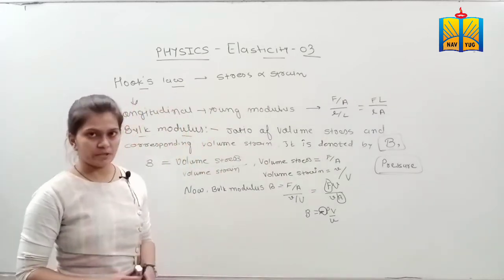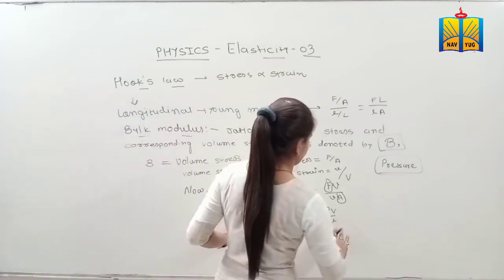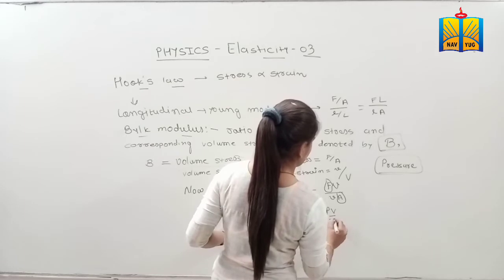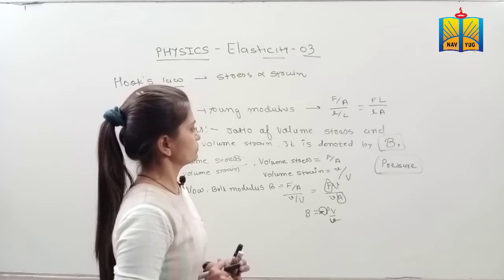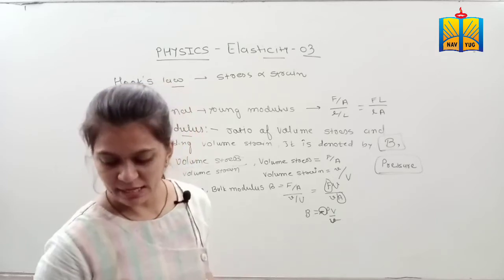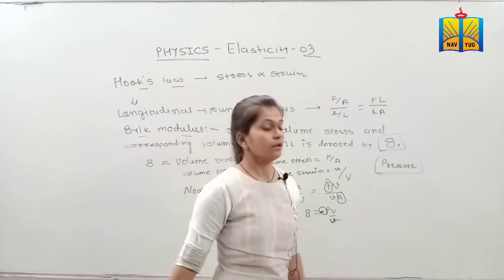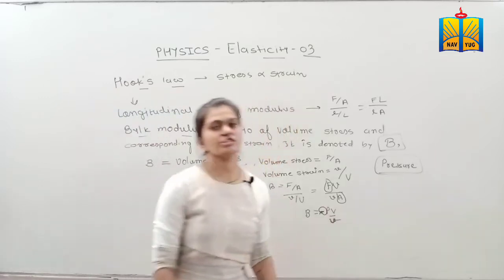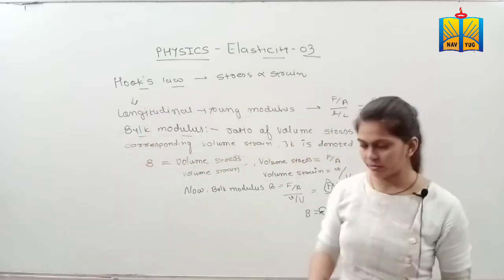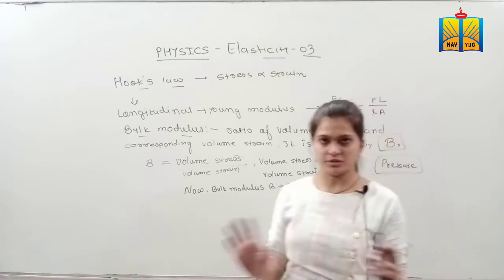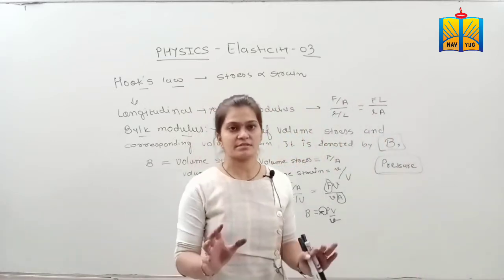Okay, so this equation. Now here we can say that when we apply pressure, the change in volume also changes. When pressure changes, the change in volume also changes. The original volume capital V is fixed. The first time when you apply, the total original volume is fixed.